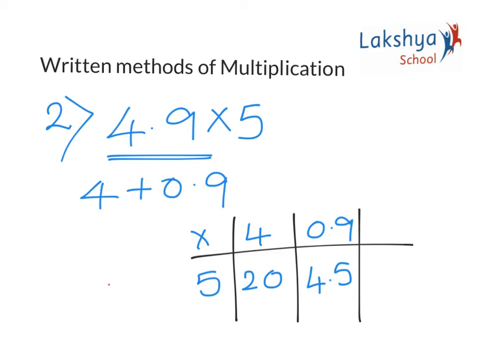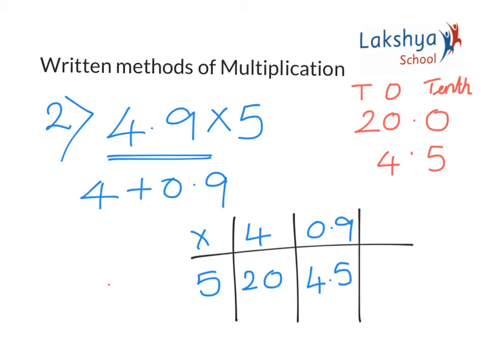Now let me write it vertically. This is how we are supposed to write it vertically according to its place value. The number 20 is a whole number and 4 is a whole number, but the number 5 over here is in the tenths position. So let's add it now.